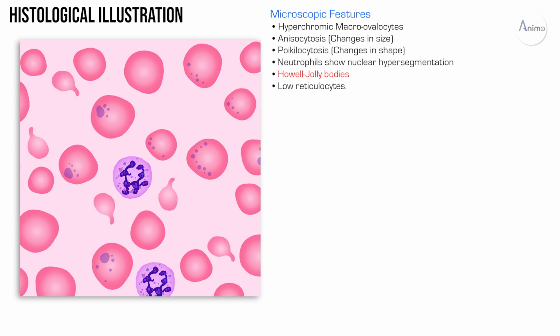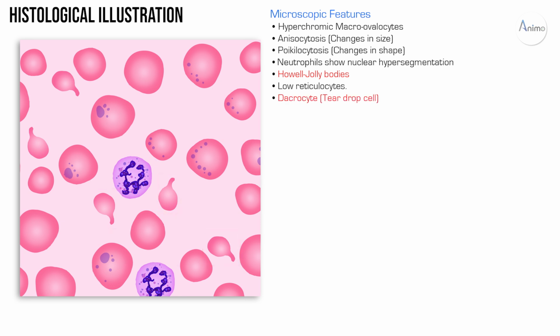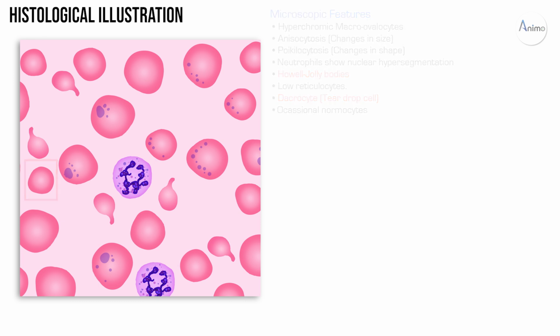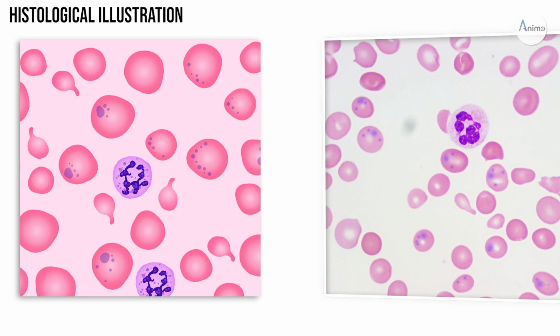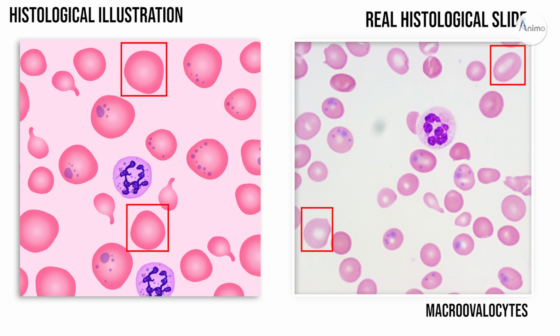Also you see there is a tear-like cell which is called a teardrop cell or dacrocyte, and there is occasional formation of normal RBCs which are called normocytes. And this is the real histological slide of megaloblastic anemia. These are the normal RBCs, these are the macro-ovalocytes or macrocytes.